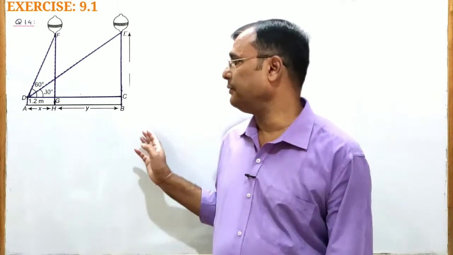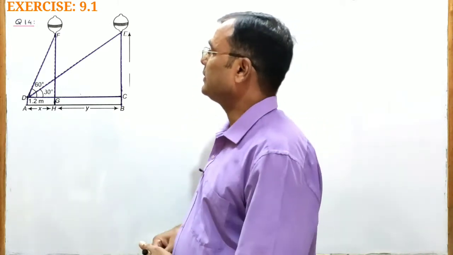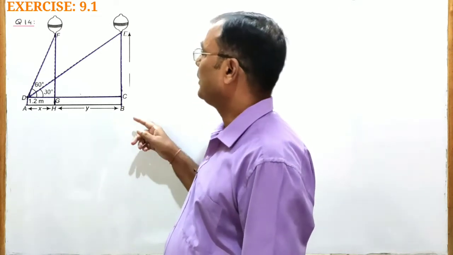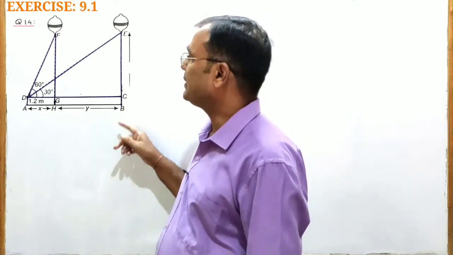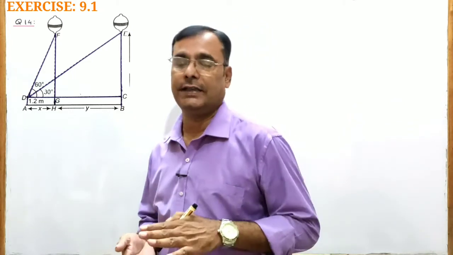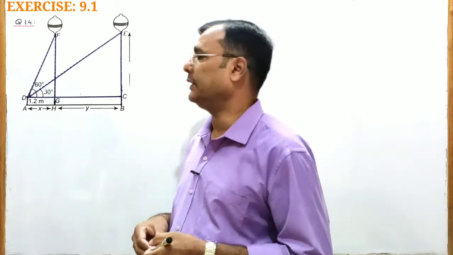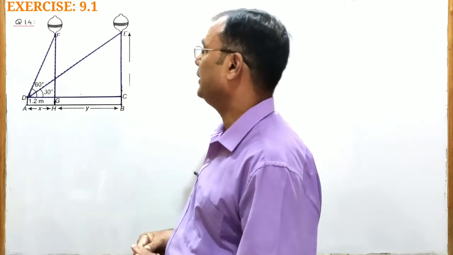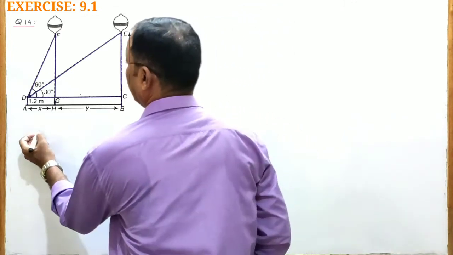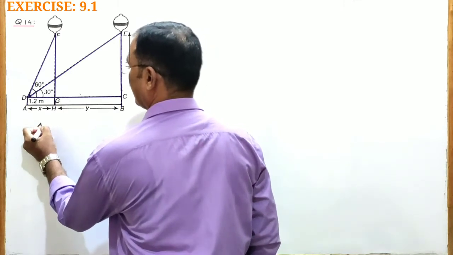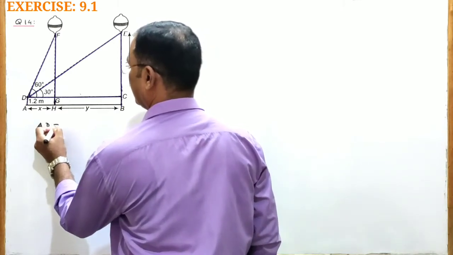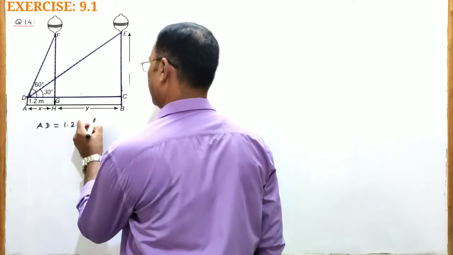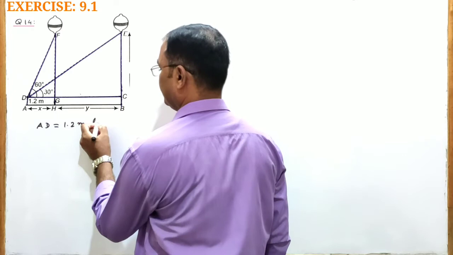So in this given figure, AD represents the height of the 1.2 meter tall girl, BE and HF represent the height of the balloon above the level ground. AB denotes the horizontal level ground. So AD equal to 1.2 meter. This is the height of the girl.